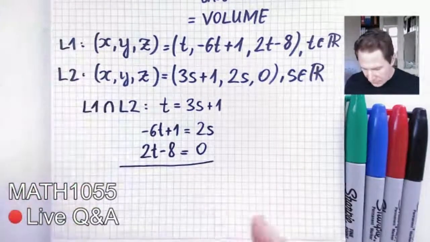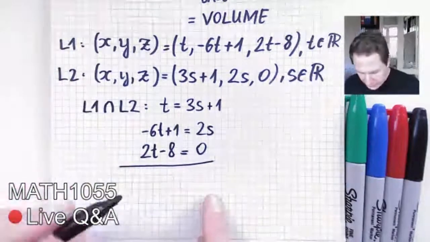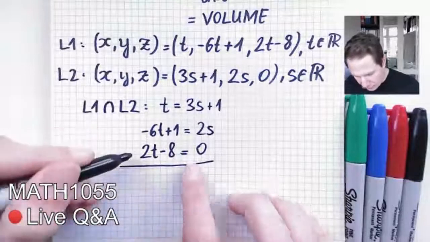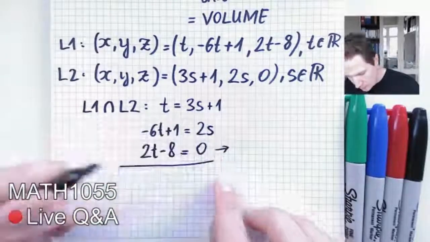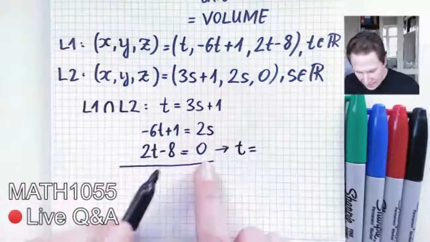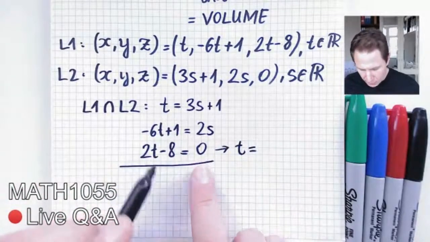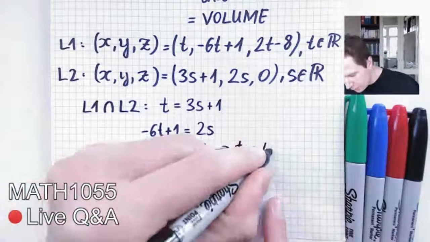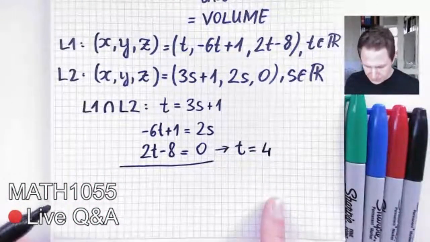There are many ways you can go about solving this, but basically from the third equation, it's easy to see that if you add 8 to both sides and divide both sides by 2, you get t equals 4 immediately.